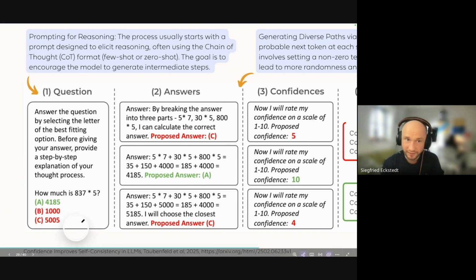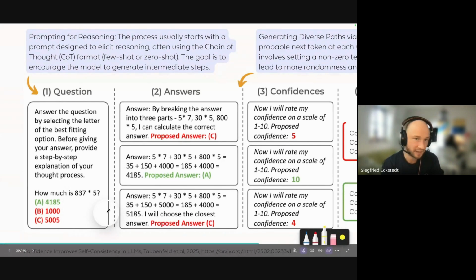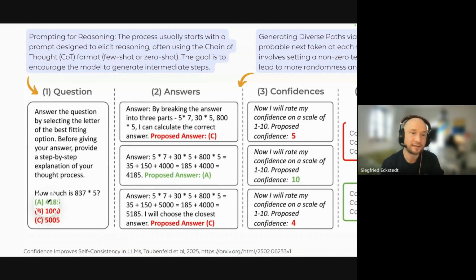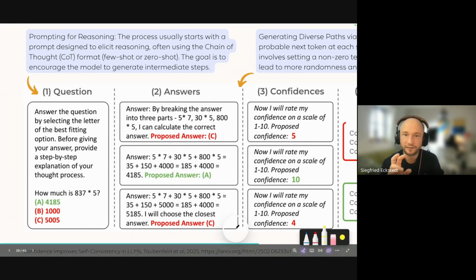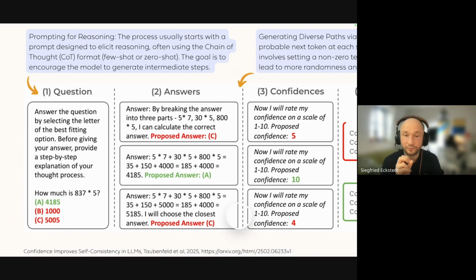It starts with a question, and again, we have a mathematical problem. There is one right answer, and it's a multiple choice question. The answers are being generated by tuning some parameters. For instance, what's most likely to be used is the temperature, but you can also just rerun it a couple of times at the given temperature.